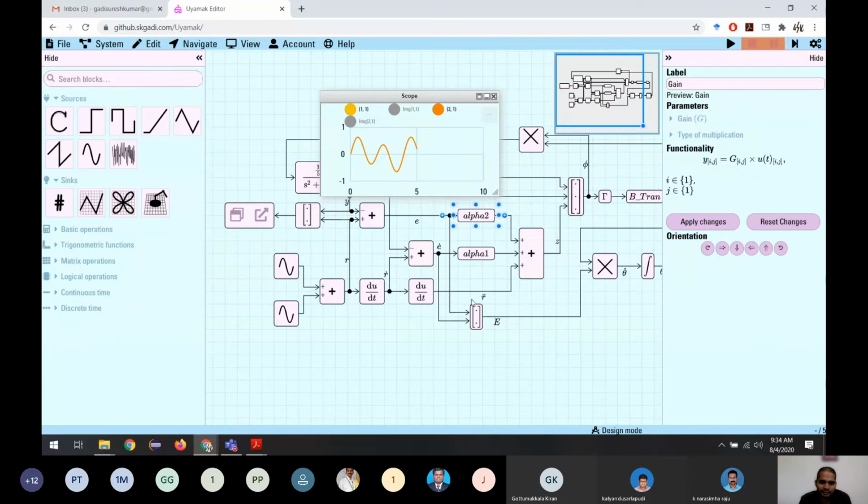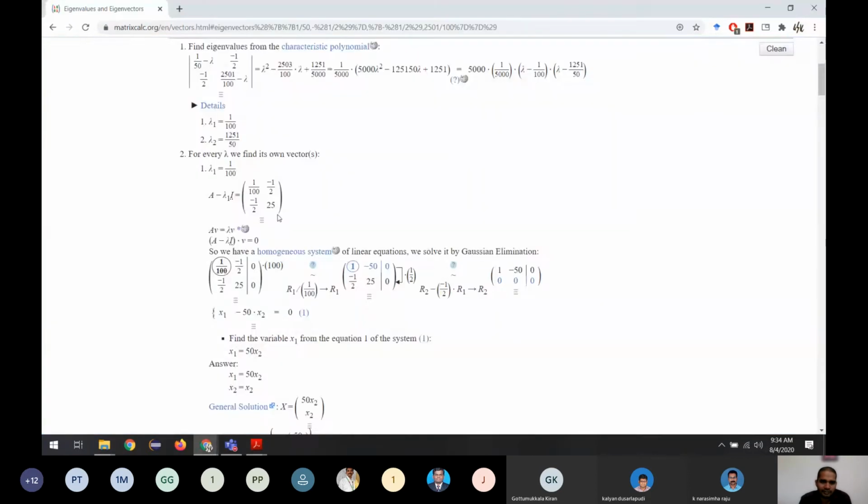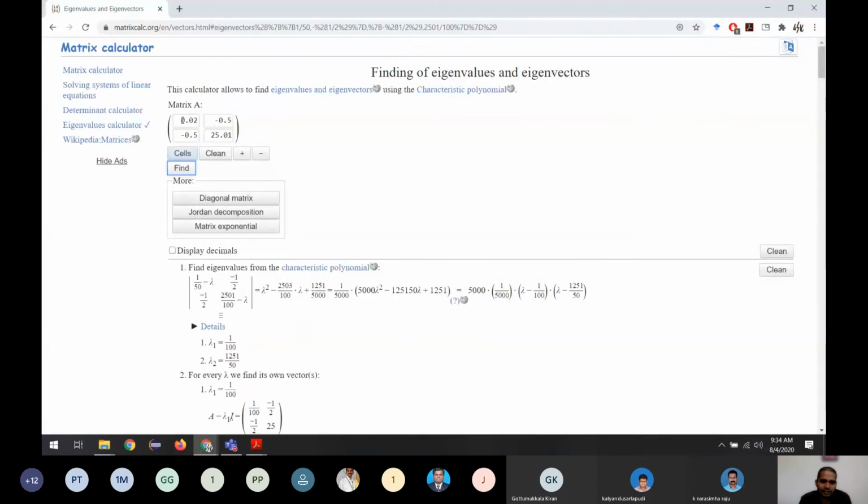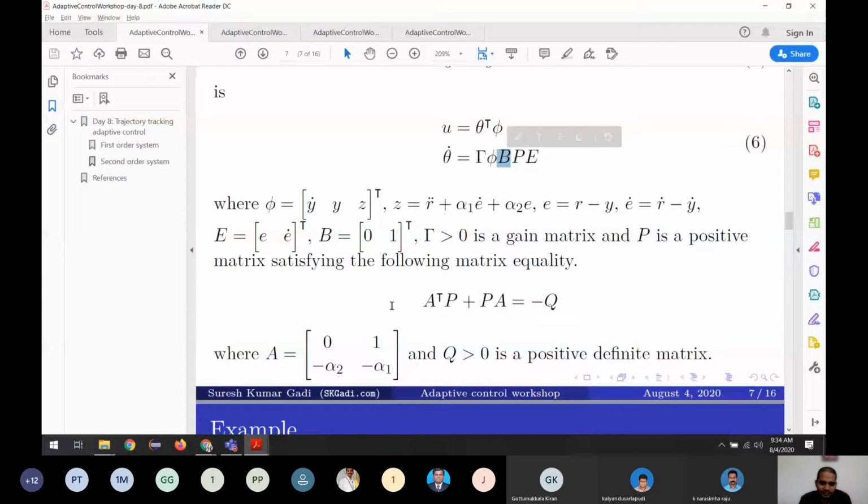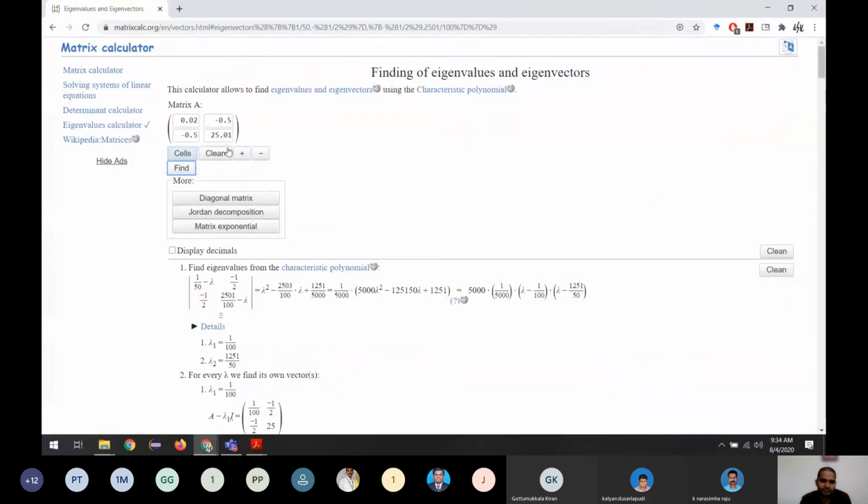So if we see the matrix here, what did we say? For making a stable system, we need all the eigenvalues negative. So we construct this matrix and see what the eigenvalues are. This is 0, this is 1.